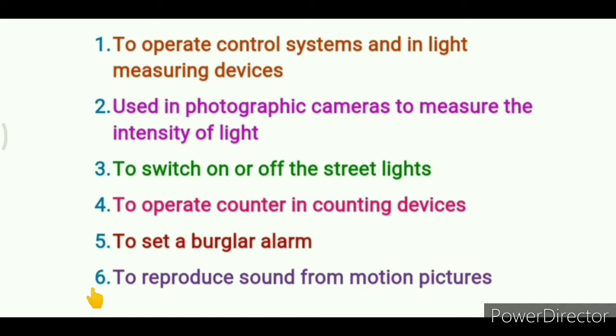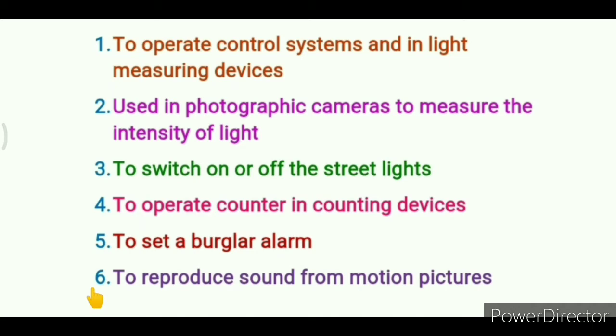Using a photocell, sound is reproduced from the soundtrack. When the film is run in a projector, the light of the projector passes through this soundtrack and falls on the photocell. Due to variation in the soundtrack, variation of intensity takes place, and thus the photoelectric current varies.